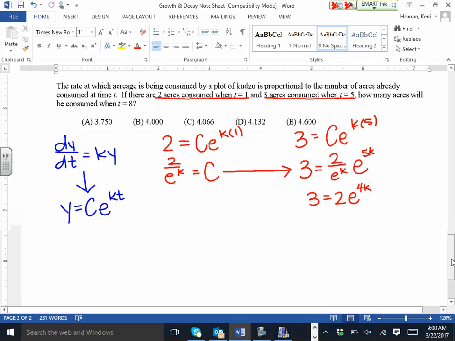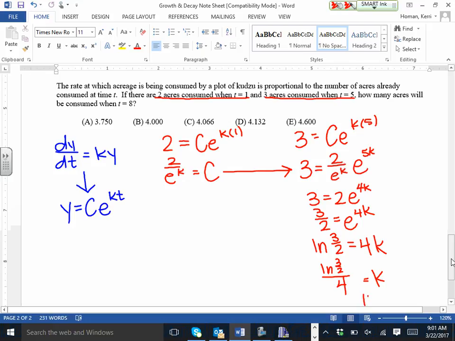All right, and so from here it becomes simple. Okay, we have 3 halves equals e to the 4k. So then the natural log of 3 halves equals 4k. Okay, so k is the natural log of 3 halves over 4.